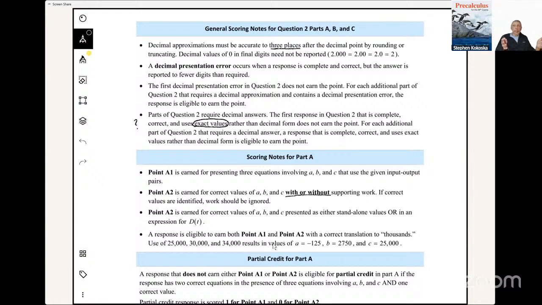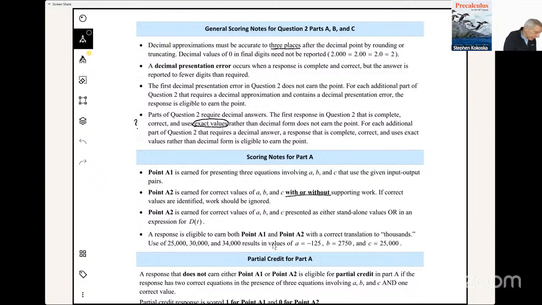Sometimes students make a decimal presentation error. That is, there are 3 digits required, but they might only give us 1 or 2. If they do, that's considered a decimal presentation error. They don't earn a point at that part of the exam, but they will not be docked if they make that similar decimal presentation error further down the line in that problem.